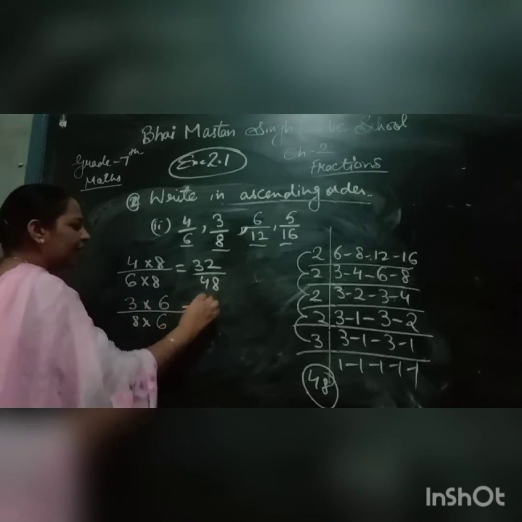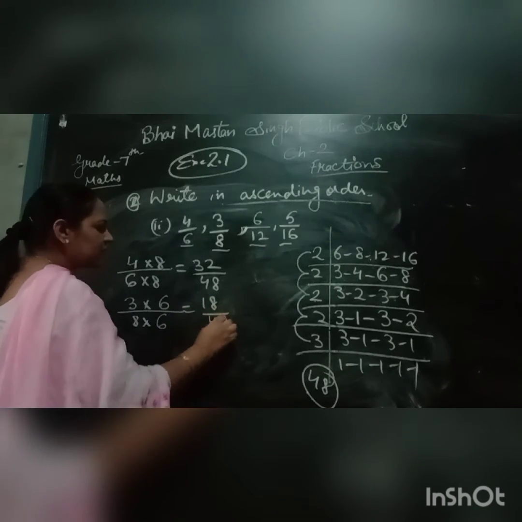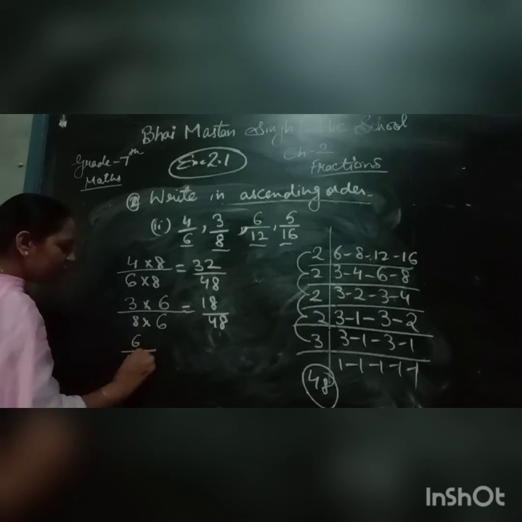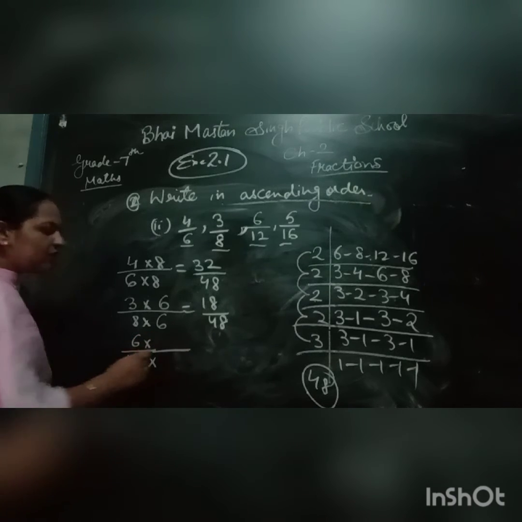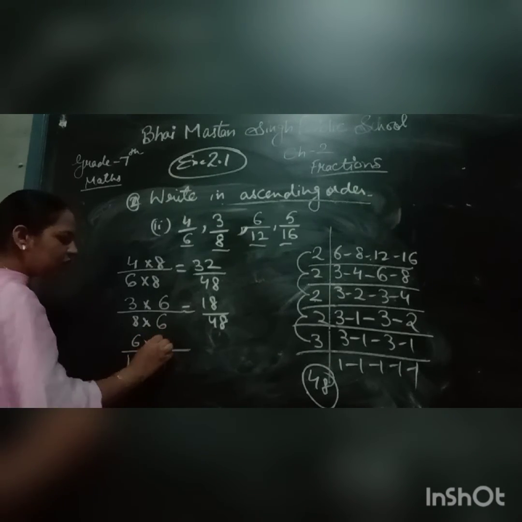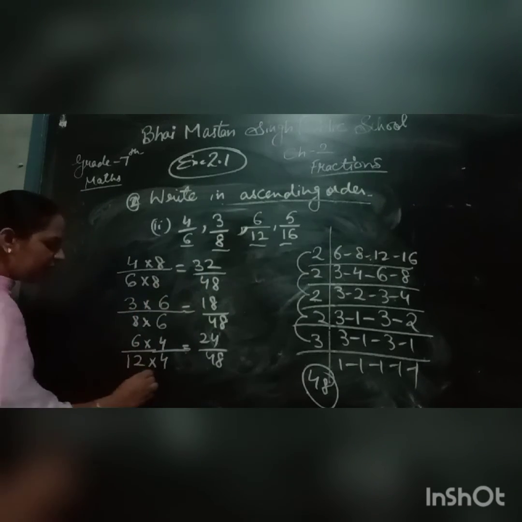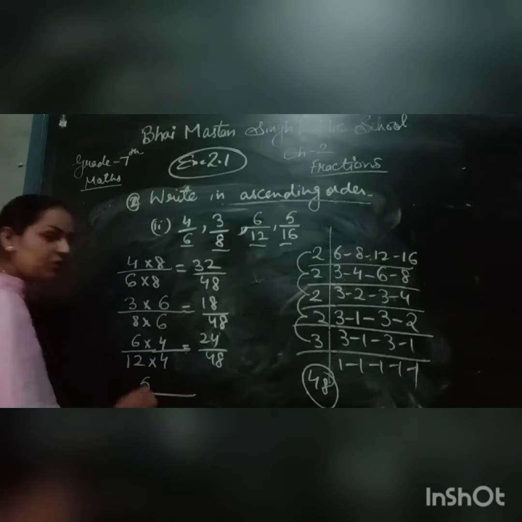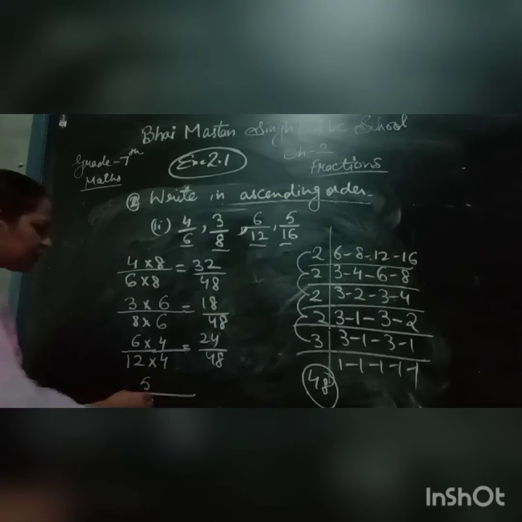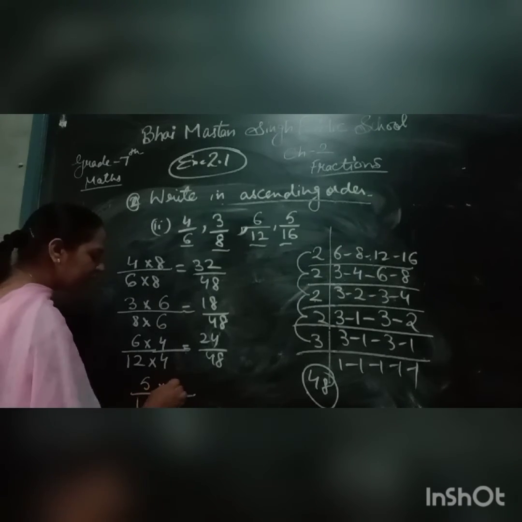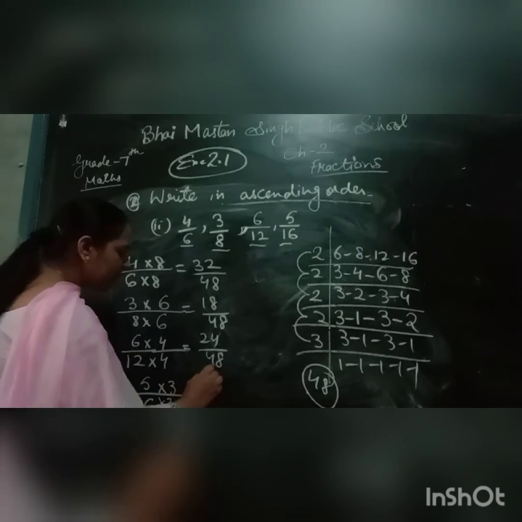So I multiplied by 6 and I got this one. Next is 6 by 12, at the 12 table it comes at 4. So I multiplied by 4, 24 by 48. Last one is 5 by 16. Count the 16 table, it comes at 3. So I multiplied, 5 threes are 15 and 16 threes are 48.